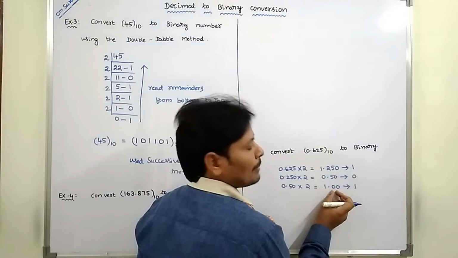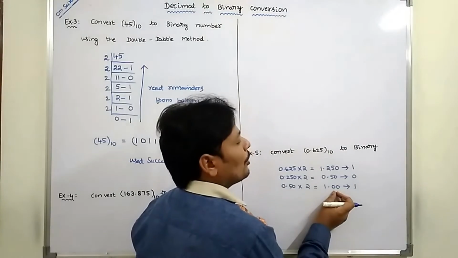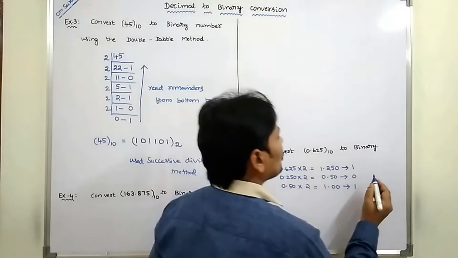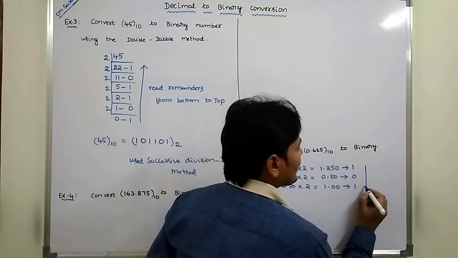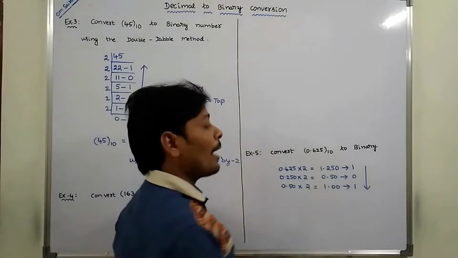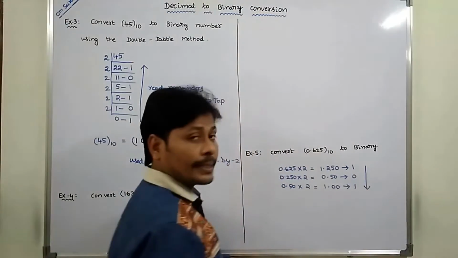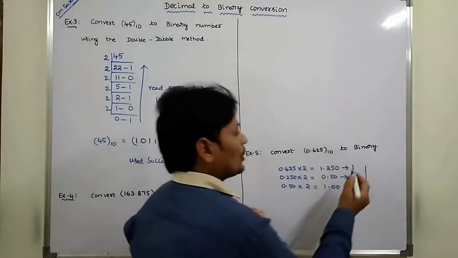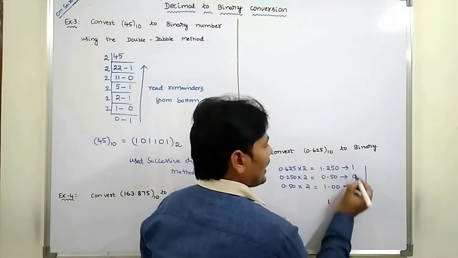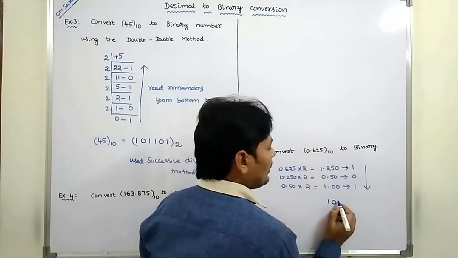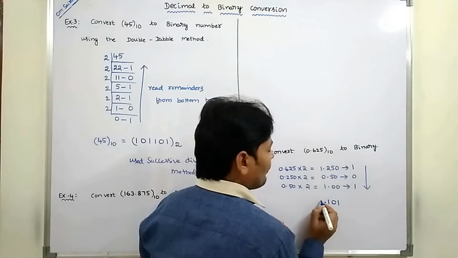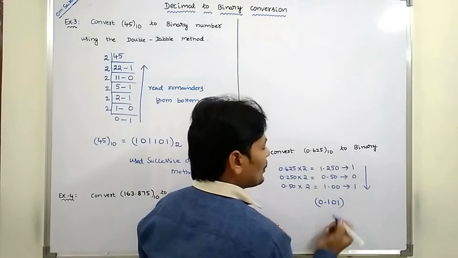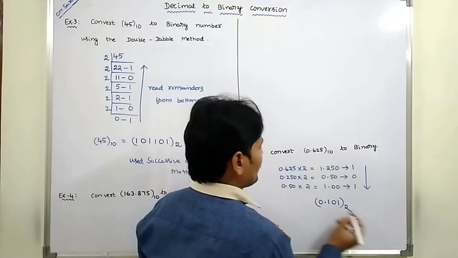Whenever the fraction part becomes 0, we read the integer parts from top to bottom. So first one, next 0, next 1, with a point before that, and this is base 2.